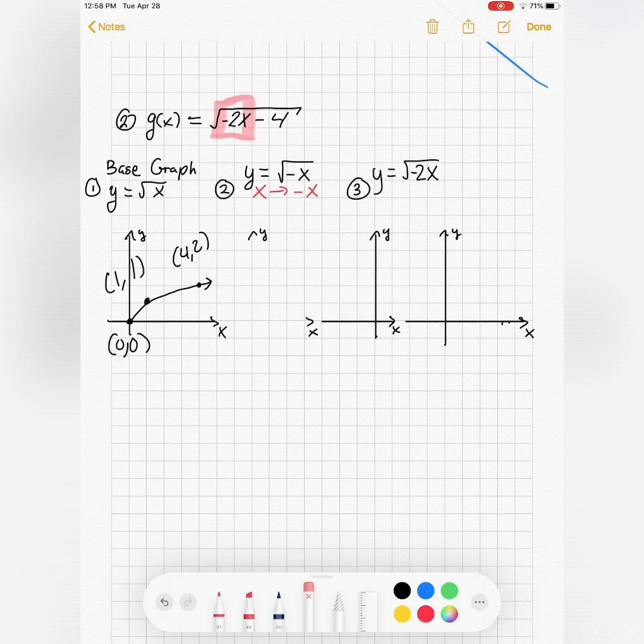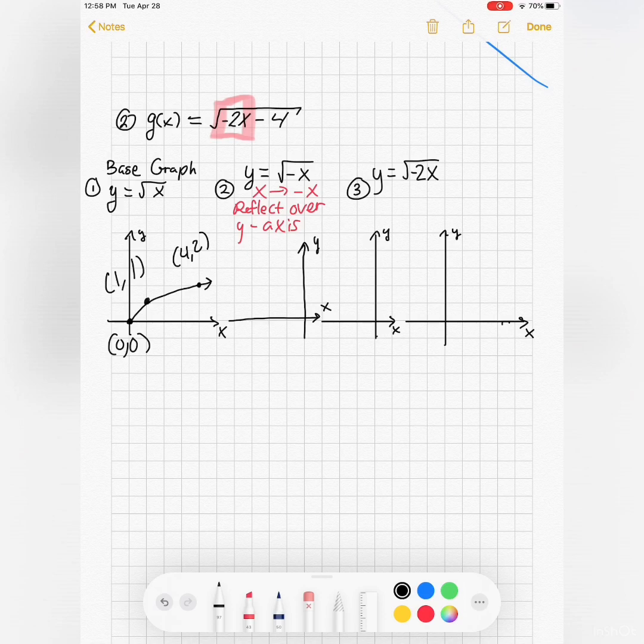I have a reflection. And what kind of reflection? The x is becoming negative. So I'm going to be reflecting over the y-axis.